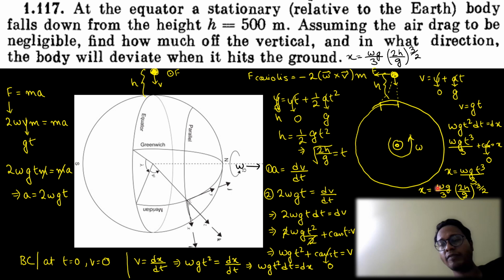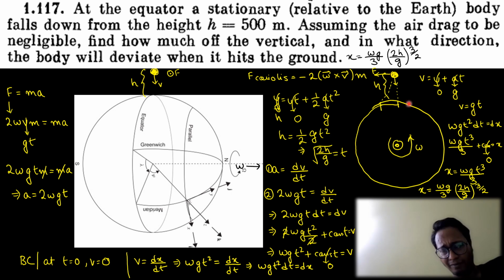So omega becomes a very small value. Understood? Until and unless the height has a very large value like 500 or 400 kilometers, you wouldn't see a noticeable deviation.